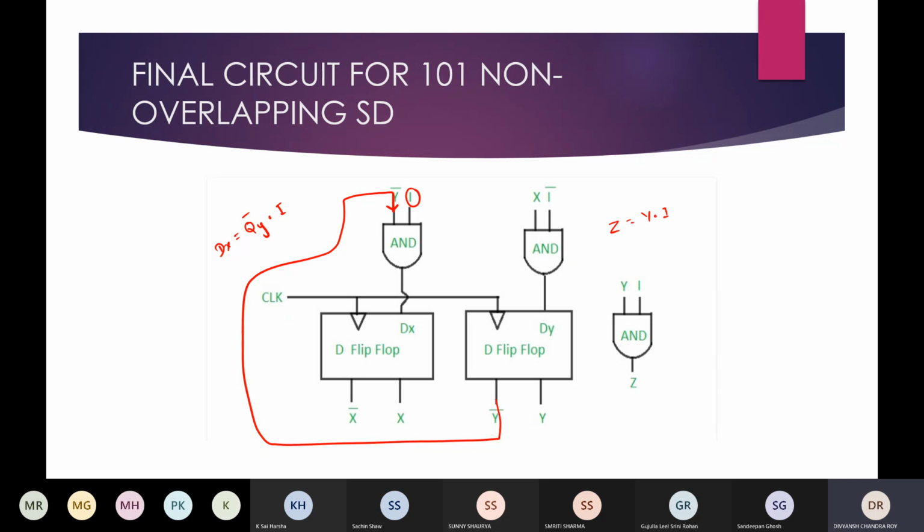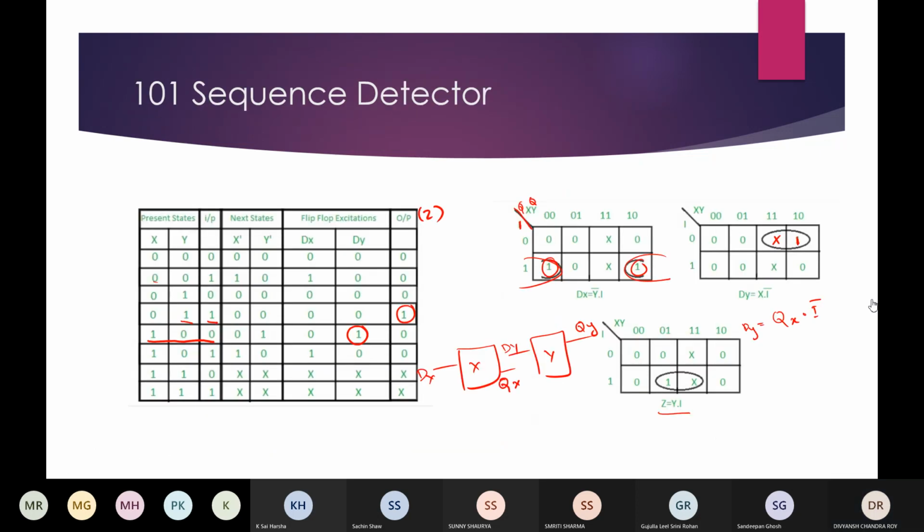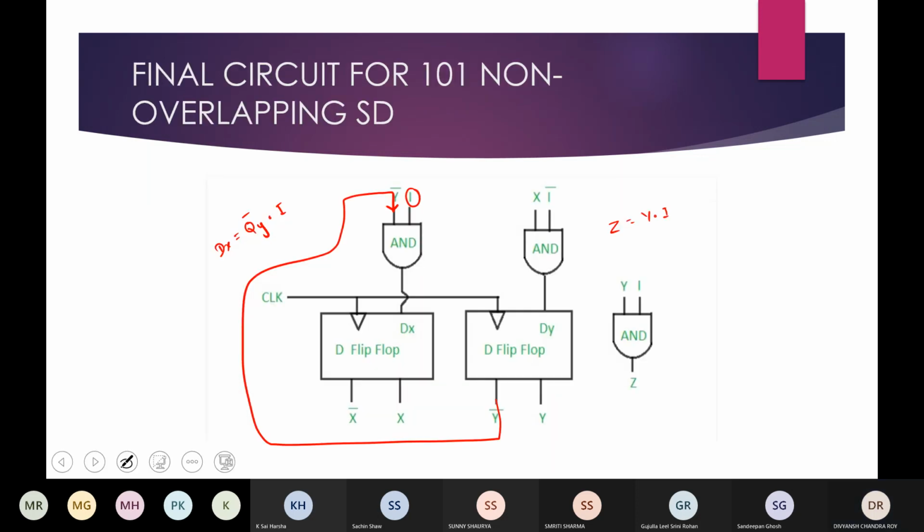Similarly, if you see from the previous slide, dy is x and I complement. So here you can see dy is the AND of x with I complement, and this x comes from the output of the second D flip flop, the x flip flop.